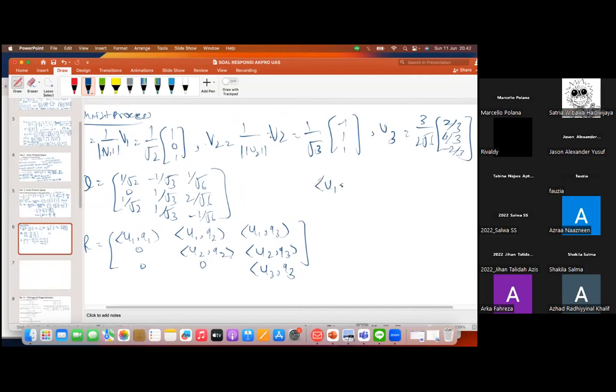For now, U1 comma Q1 is this. It's 2 over root 2, which is equivalent to root 2. U1 comma Q2, sorry, is equal to 0.